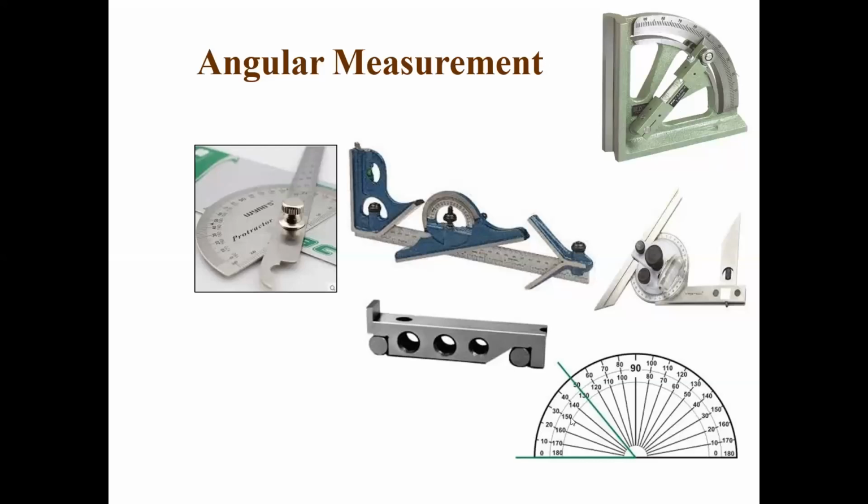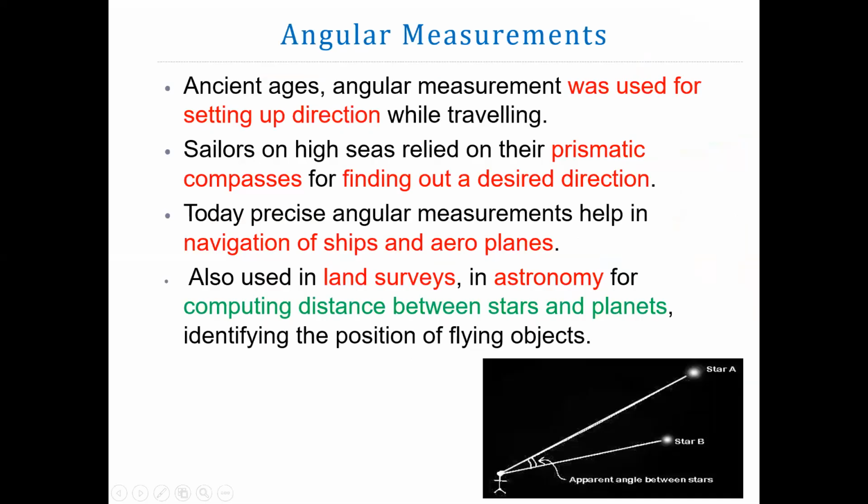Why angular measurement is needed and where it is applied, we are going to see in this slide. In the olden days, it was used for setting direction while traveling in the seas. We cannot see the edges at the boundaries while traveling in the sea, so we use angular measurement for setting direction.